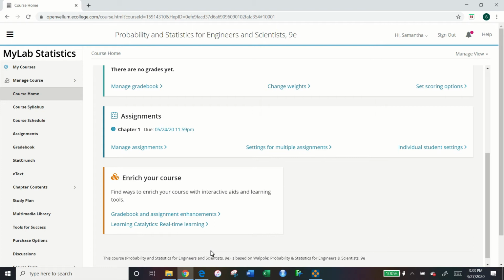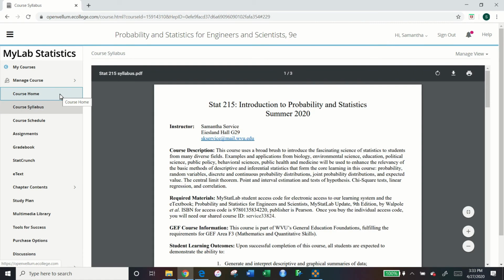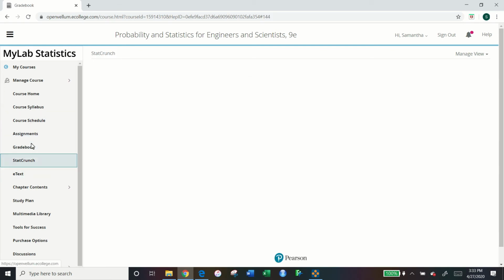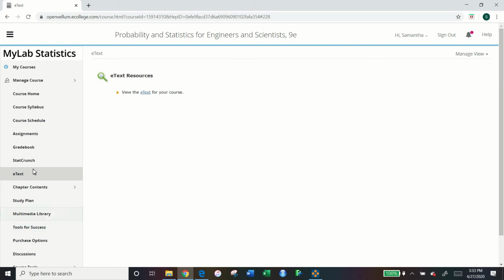Along the left side, you'll see a bunch of options. This is the second place where you'll be able to find my course syllabus. I also made a separate tab for the course schedule, your assignments, the grade book, StatCrunch, which we'll use more further in the class, and your e-textbook.